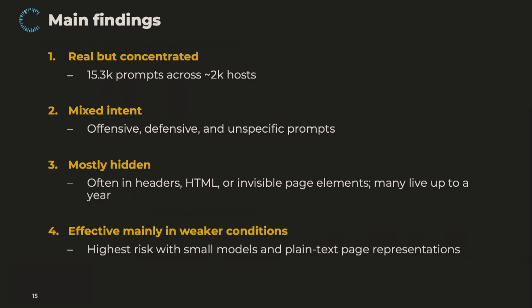We found mixed intents, offensive. We were also surprised to find defensive cases and other cases that it's hard to attribute any intention there. They are mostly hidden. The vast majority of them are hidden, and a significant fraction are intentionally hidden. And they are effective in weaker conditions. That's something easy takeaway that we can derive from this study.